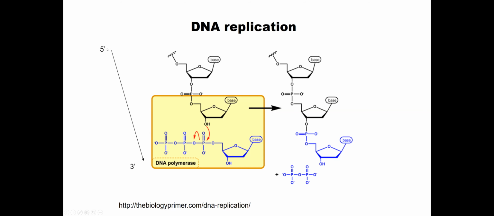If it went exactly the same way, we might call this a parallel synthesis, but this is the opposite. Here, the synthesis direction is from 5' to 3'. The template is in the 3' to 5' direction. It's an anti-parallel structure. That's why the direction of the synthesis is in opposite directions.